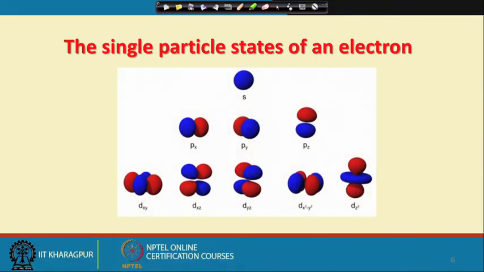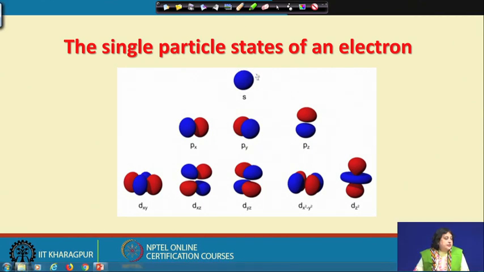I am sure you have learned in your quantum mechanics or quantum chemistry class that the Schrodinger equation of a hydrogen atom can be solved analytically, and these are the allowed solutions that we have known. So, first we have the lowest lying eigenstate, which we call the s orbital.